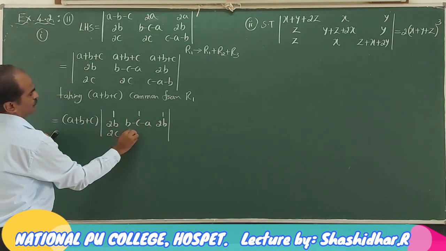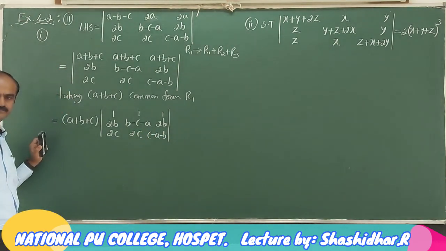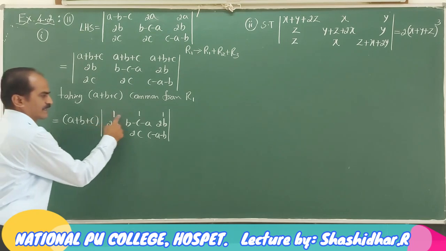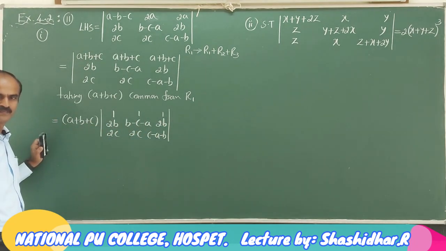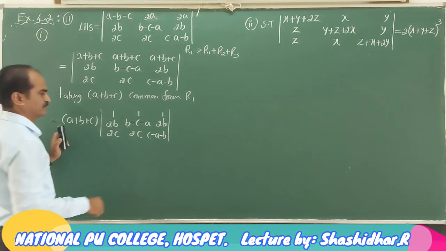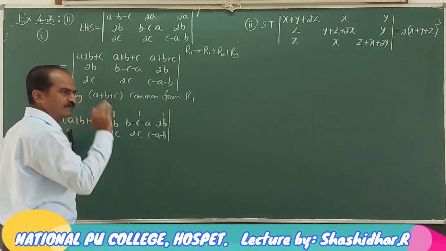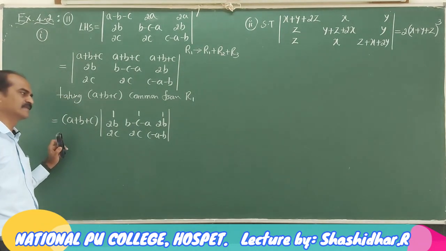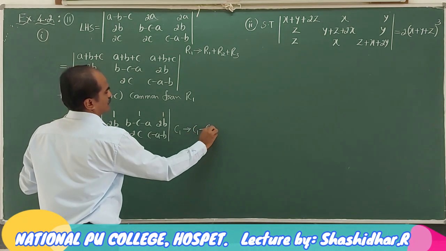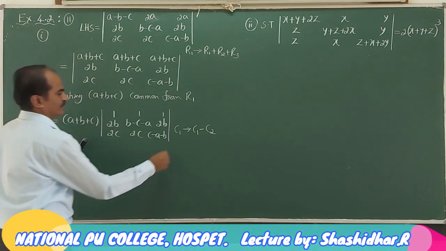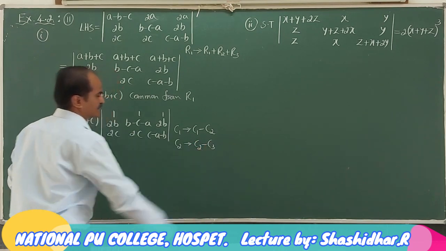Third row 2c, 2c, c minus a minus b. Observe again, all the elements in the first row are 1. Now do column wise subtraction, so that you will get not only zeros, but also the required factor a plus b plus c, that is guaranteed. Now let me write C1 changes to C1 minus C2 and C2 changes to C2 minus C3.